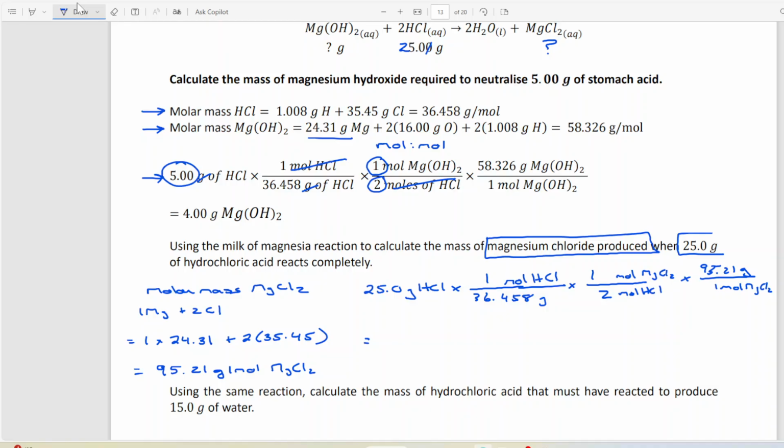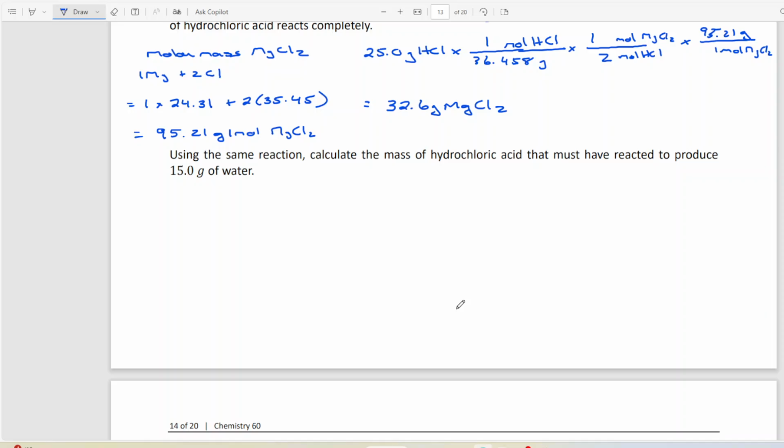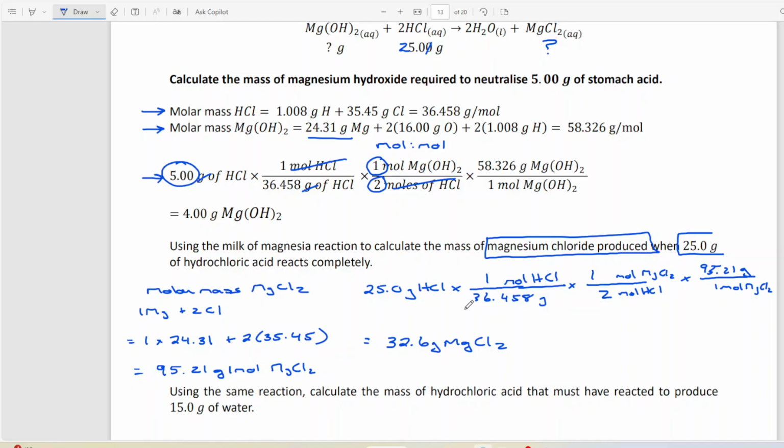And that will give me, to 3 sig figs, 32.6 grams of the magnesium chloride. Awesome. Okay, so maybe you weren't quite ready to pause the video yet, but maybe you are now. So for this last question, you're going to use the same reaction and you're going to calculate the mass of hydrochloric acid that must have reacted to produce 15 grams of water.